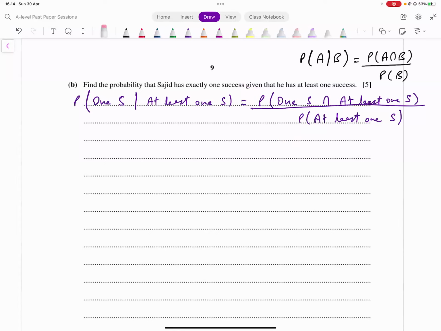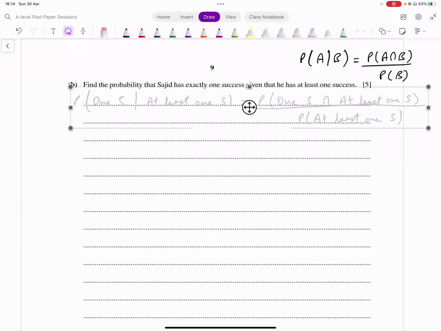Okay, now let's figure this out. नहीं, ये words में लिखना जरूरी नहीं है, this is just for your own understanding कि आपको पता हो कि आप क्या कर रहे हैं. ये लिखना जरूरी नहीं, आप directly कर सकते हैं, that's perfectly okay.